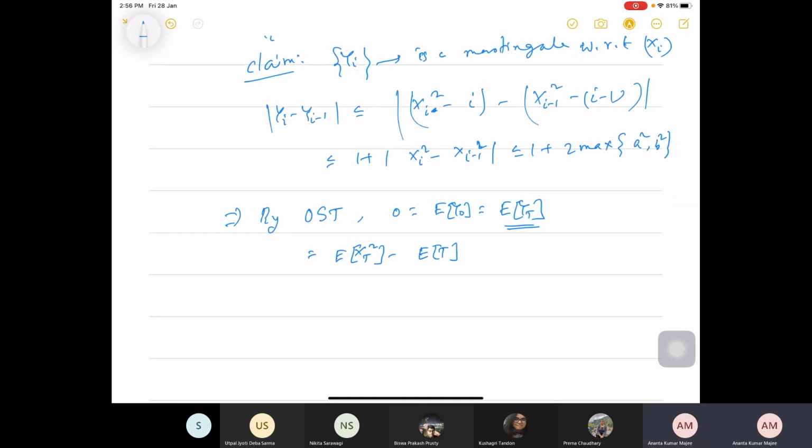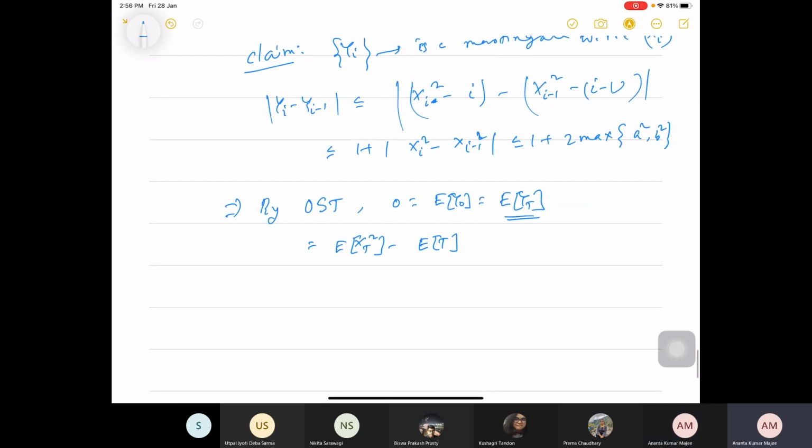Because Y_i is equal to X_i squared minus i, so you put capital T here. Now what is the expectation of X_T squared? With probability p, X_T should be minus a, so this is p times a squared, or with 1 minus p, because T should be either T_a or T_b, the minimum of that, it is 1 minus p times b squared, minus the expectation of T.